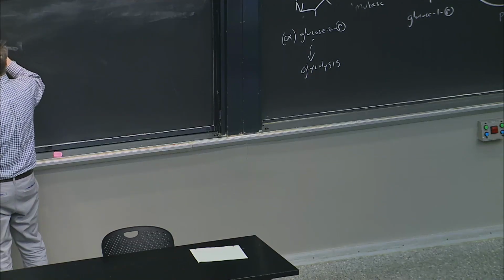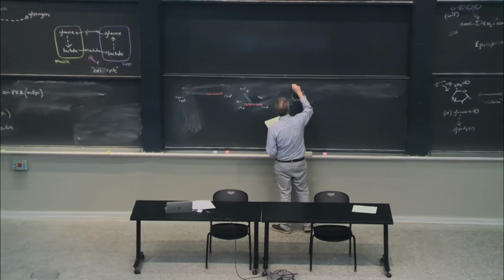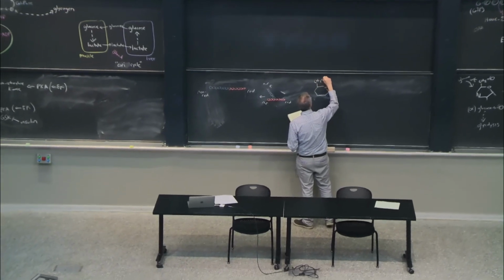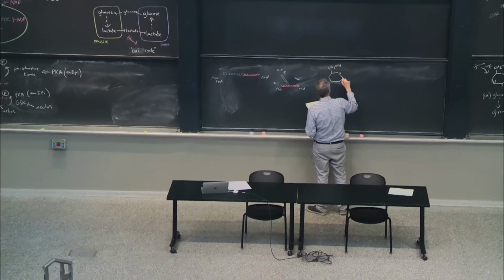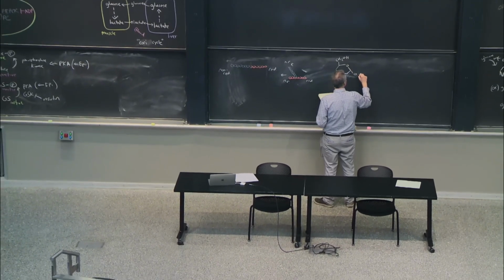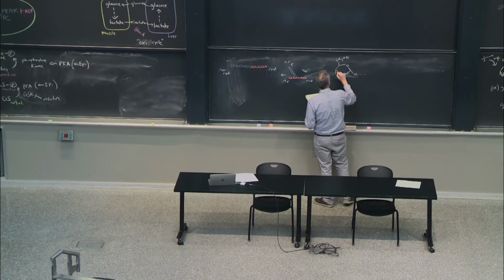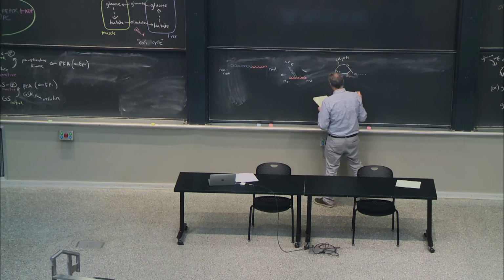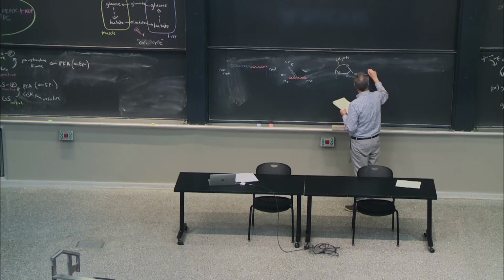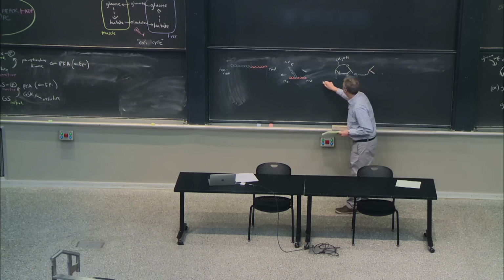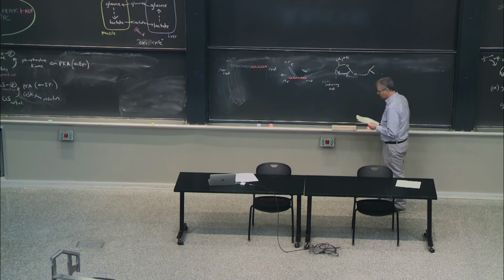And so at the non-reducing end of the molecule, so this here would be the non-reducing end of the glycogen polymer.